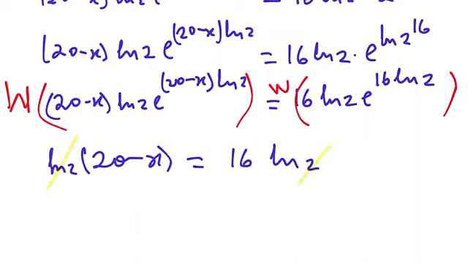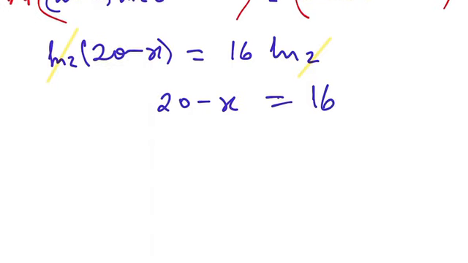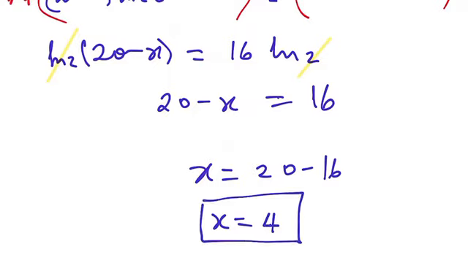We cancel ln of 2 here. Then we're going to have 20 minus x equals 16. So from there, 20 minus x is 16, so x is 20 minus 16, which gives x to be 4. So x is the solution to the problem. Alright, x is the solution to the problem.